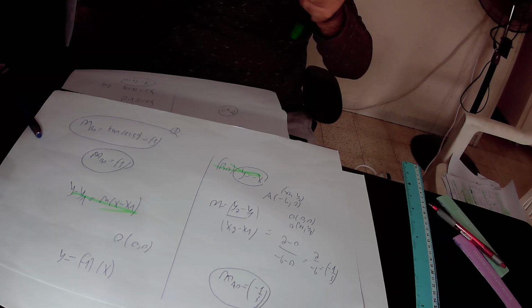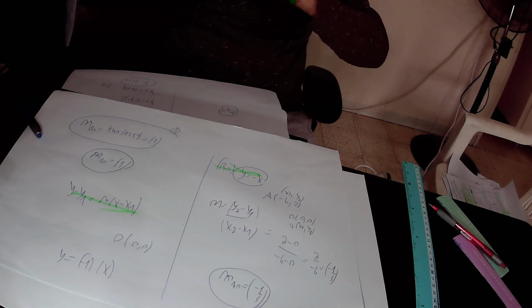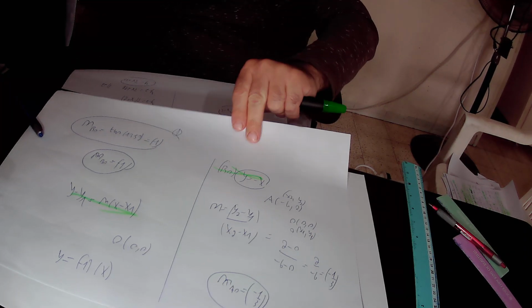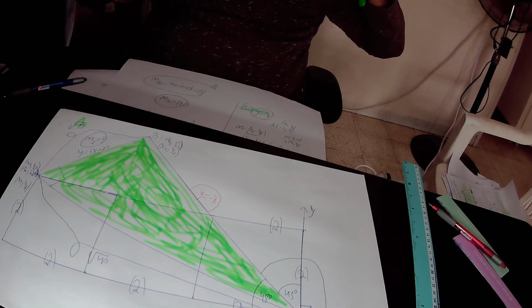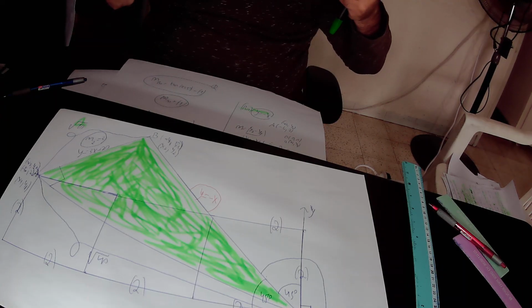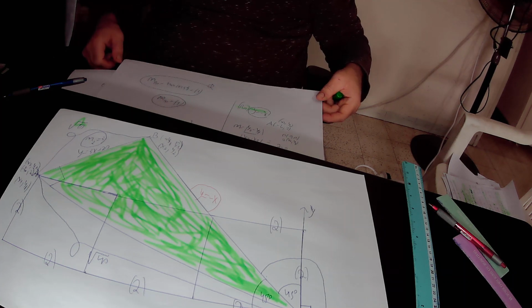So now we just have to put the values of those 2 points into this equation for the slope, and we easily find the slope of this straight line AO. Whenever you have the values of 2 points that are located on a straight line, then you can easily find the slope of that straight line.